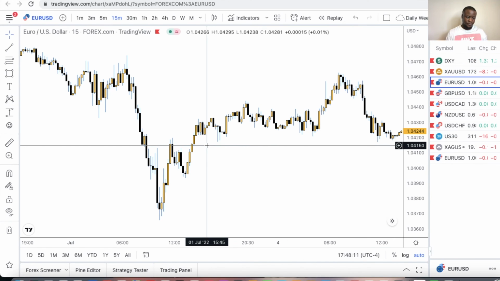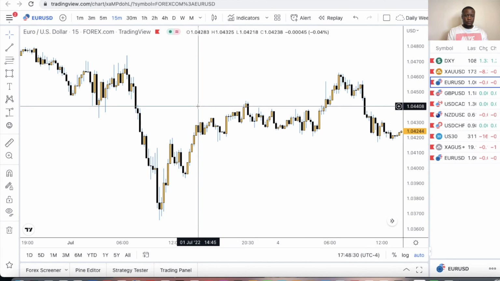And if you're just looking for that medium way where you don't want to wait too long, and you don't want to be looking for scalps each session, you just want to look for one quick setup for the week, which lasts for 2 to 3 days, then day trading is for you.